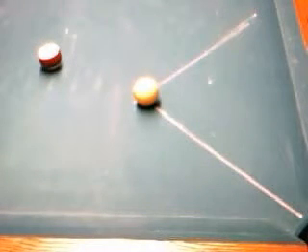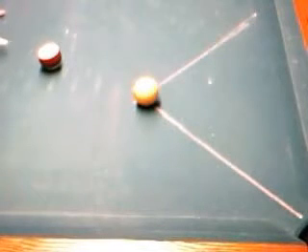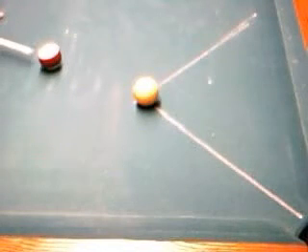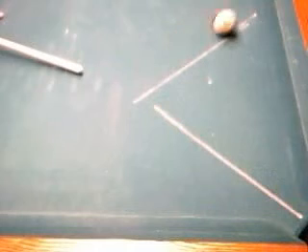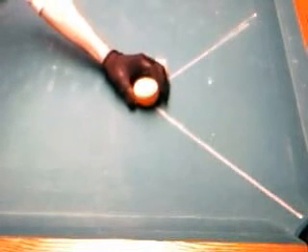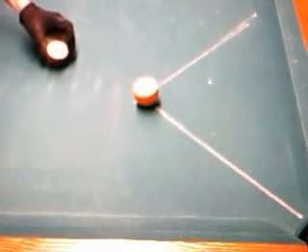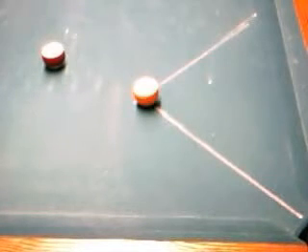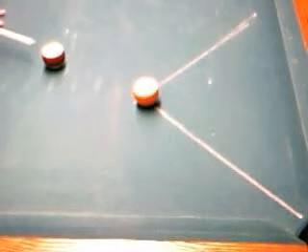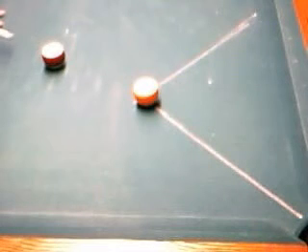Here is the cue ball striking the object ball with a cut angle with no spin, and notice that the cue ball is going to travel down the tangent line approximately like so. In shot 2, the object ball is in the same place, the cue ball is in the same place, except this time I'm using follow, or another way of saying it is I'm placing forward spin on the cue ball.